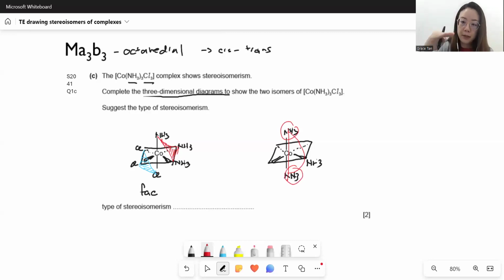But top and the plane, 90. Plane and bottom is 90. Among the 3, when you pick one, not to say any 2, you pick 2, maybe that 2 can be 180. So long you have a 180 angle apart, then yes, this is called a so-called the trans isomer.